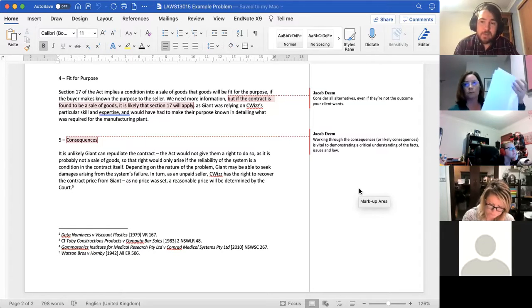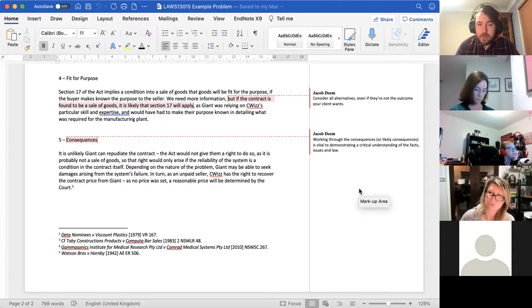Are there any questions about this example document? I know that we did go through it very quickly, but we can spend a bit of time talking through it if there's anything that pops up immediately. Awesome, cool. Well, that's up on Moodle.